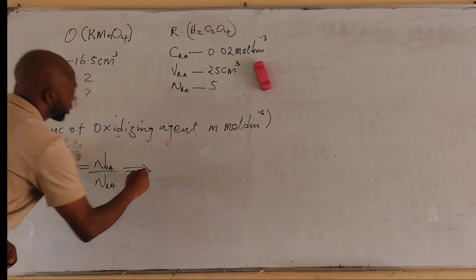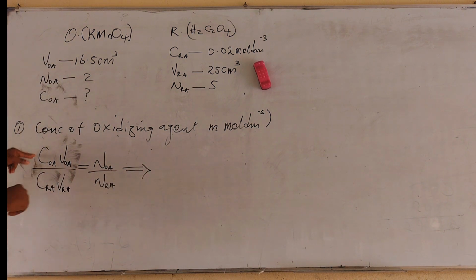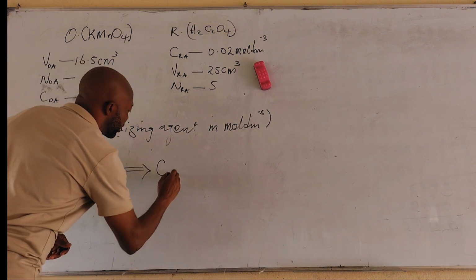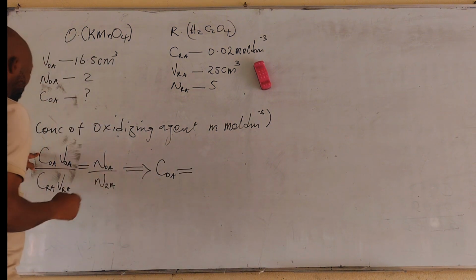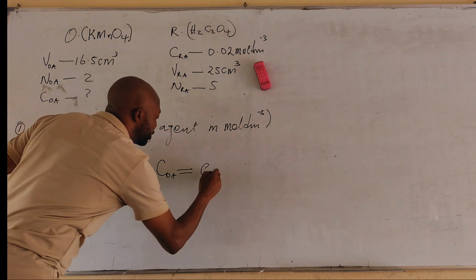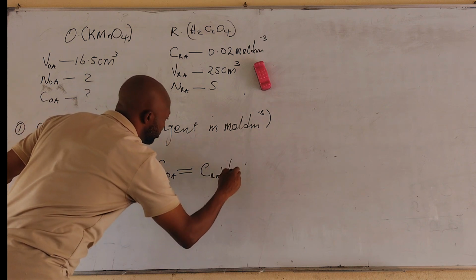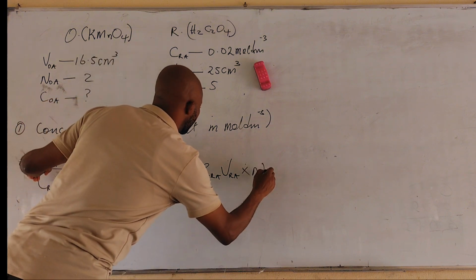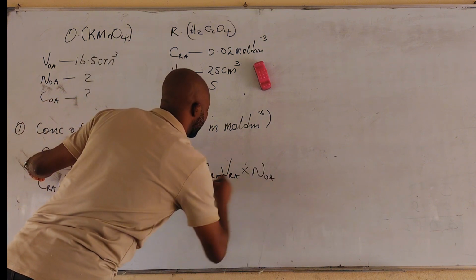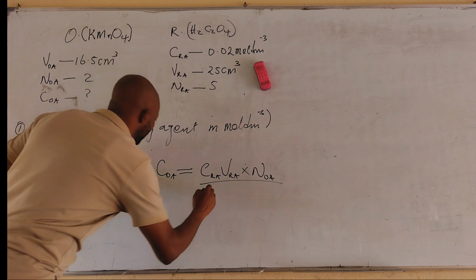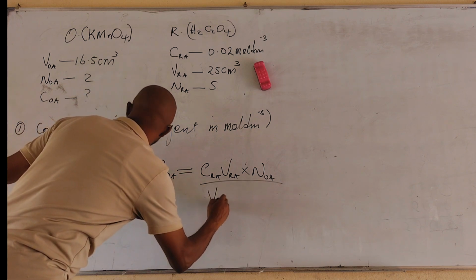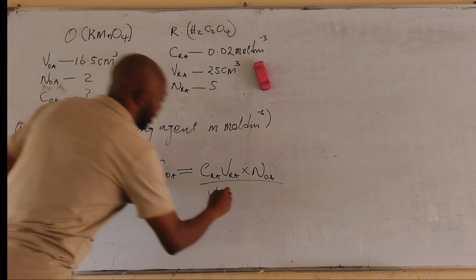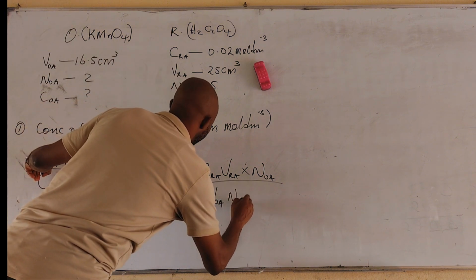And this is equals to, I'm looking for the concentration of what? Oxidizing agent. So my COA is equals to concentration of reducing agent times the volume of reducing agent times number of moles of oxidizing agent over volume of oxidizing agent times number of moles of reducing agent.